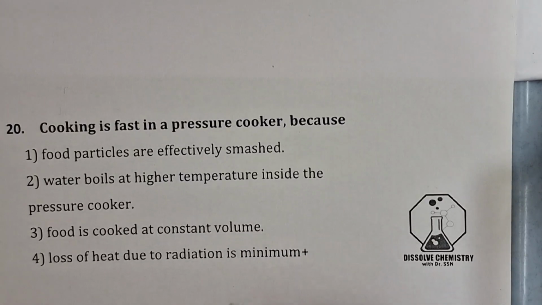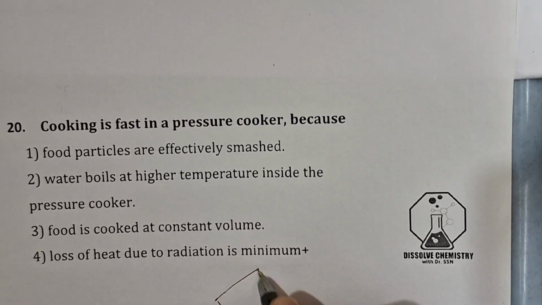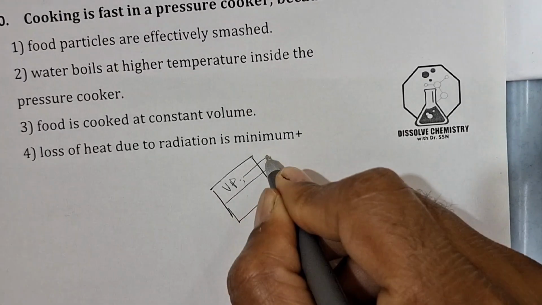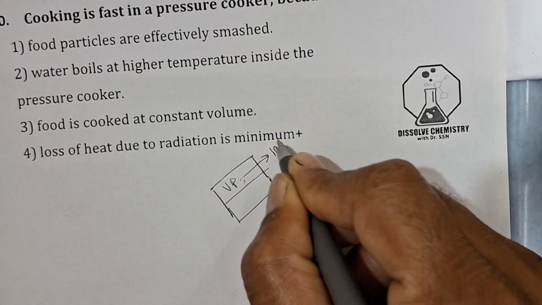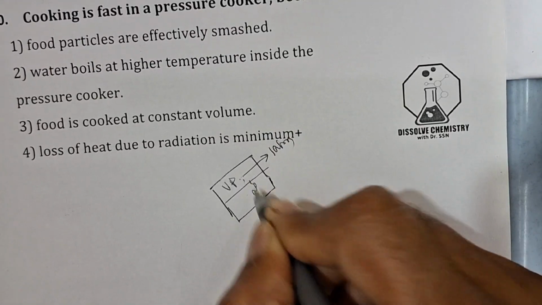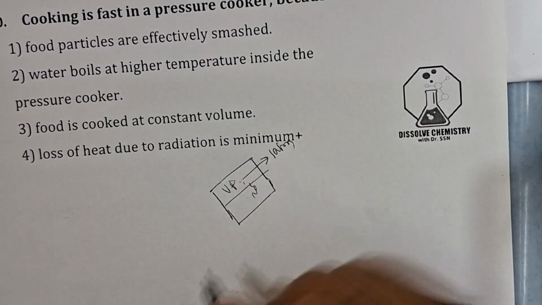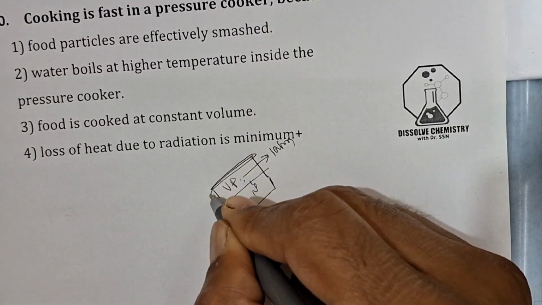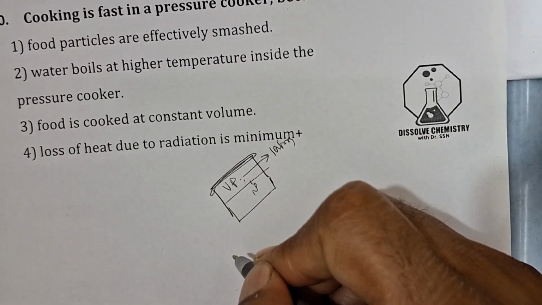As already I have mentioned, if you raise the vapor pressure of any liquid to atmospheric pressure, then that liquid starts boiling. Now cooker means what? It is being completely sealed. Okay, it is acting as an isolated system.